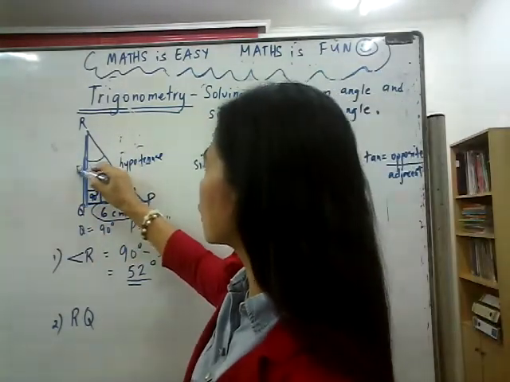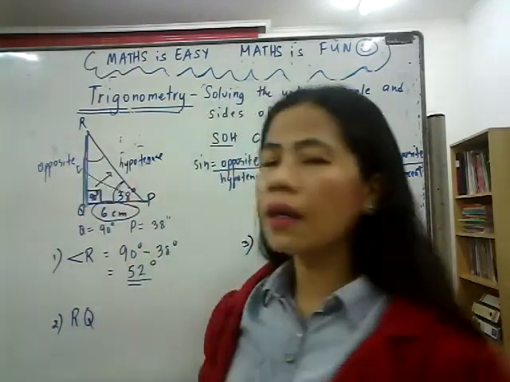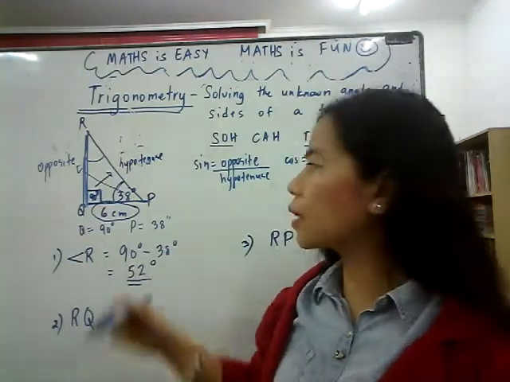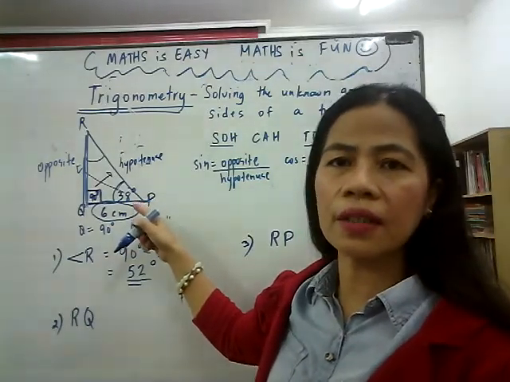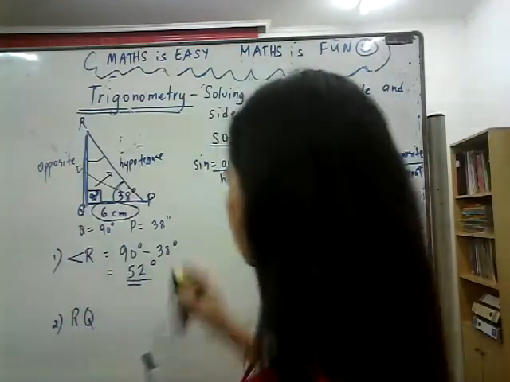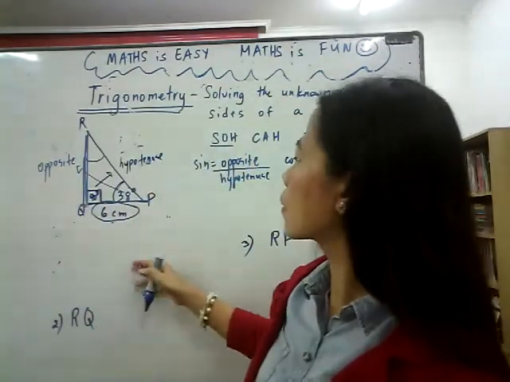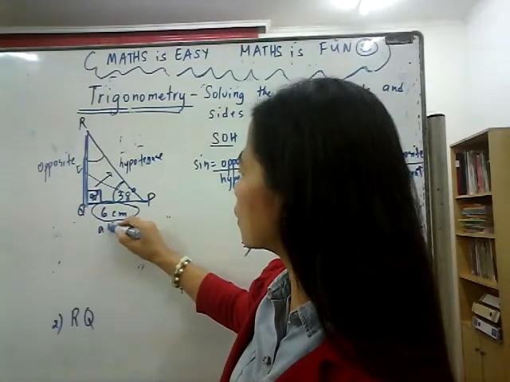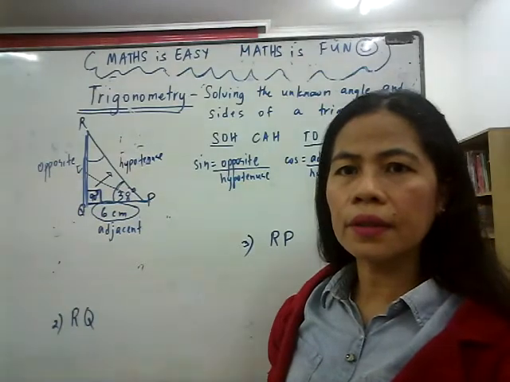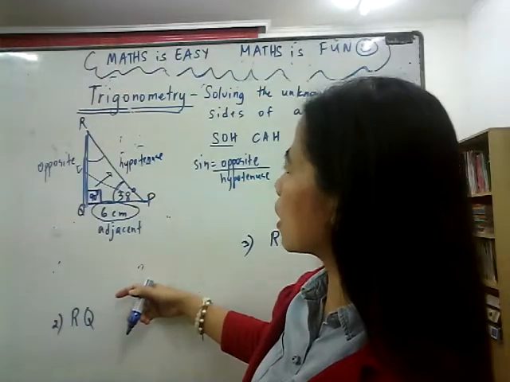So this one, RQ, is your opposite side. And the side which is beside your given angle, which is not the 90 degrees, will be your adjacent side. Okay, so meaning QP or PQ is your adjacent side.